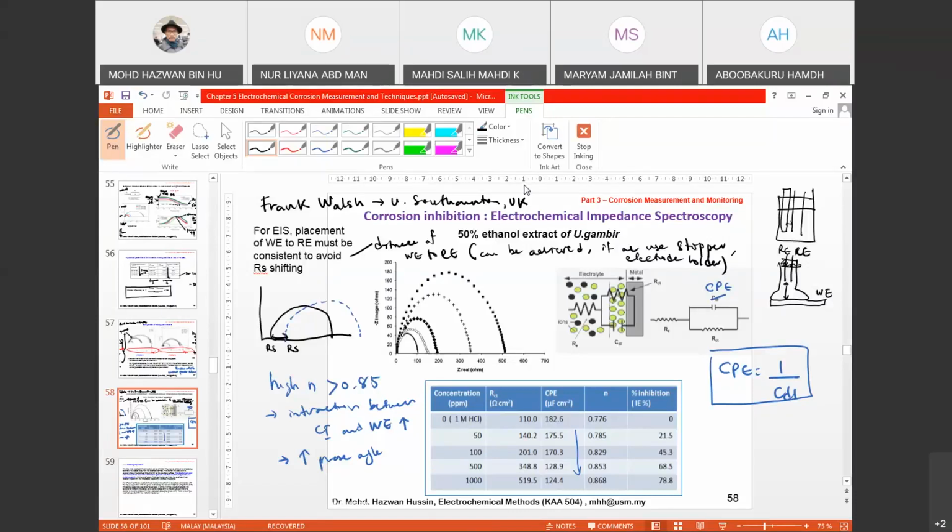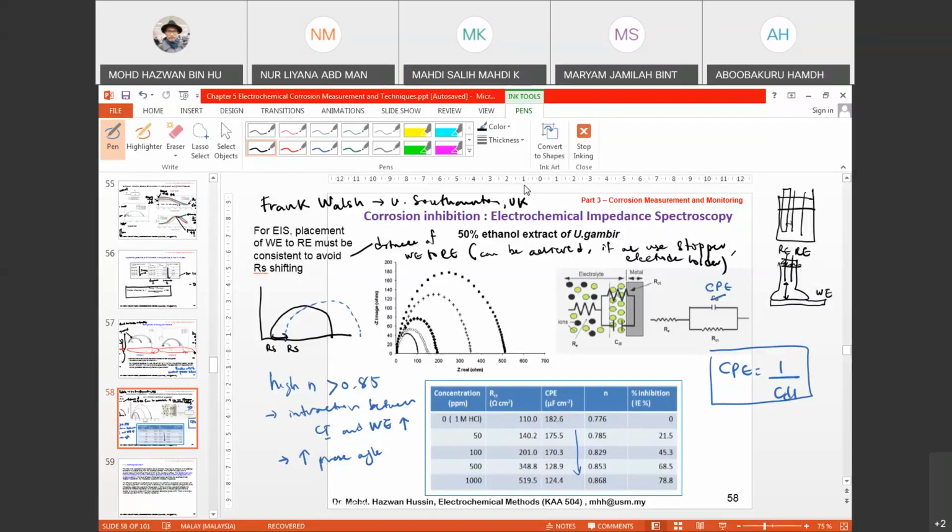So at that time, I guess in 2008 or 2009, Professor Walsh was a visiting professor in the School of Chemical Sciences. He spent a few months in our department, and we had a meeting. We discussed impedance, because he is an expert in impedance.